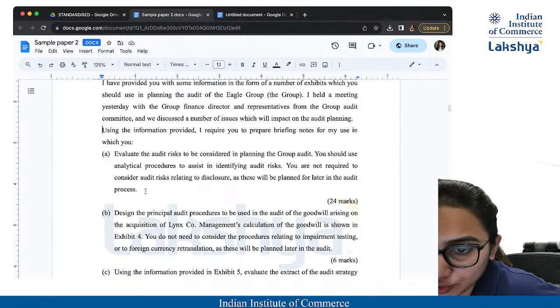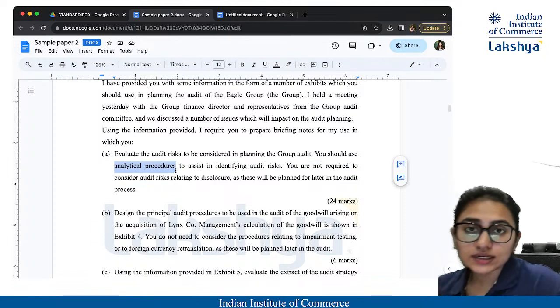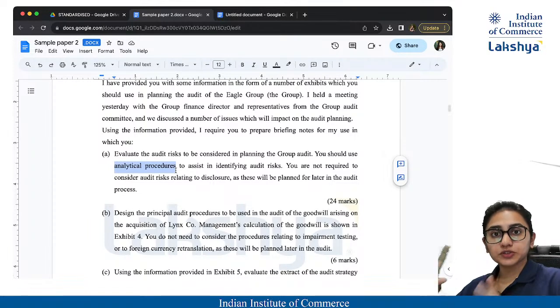Evaluate the audit risk to be considered in planning the group audit. You should use analytical procedures. First of all, what are analytical procedures? Analytical procedures are analyzing information between the years to see if there is any growth or any downfall. So analyzing information between two years or comparing between two entities and looking for any fluctuations.